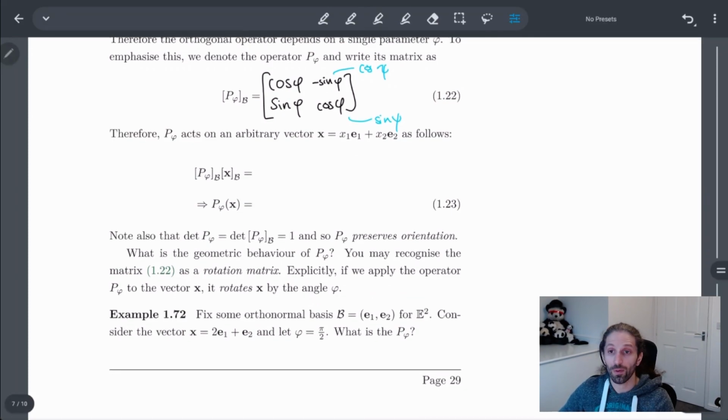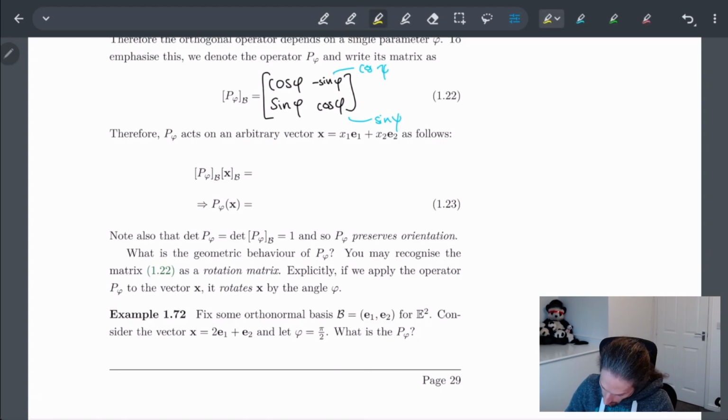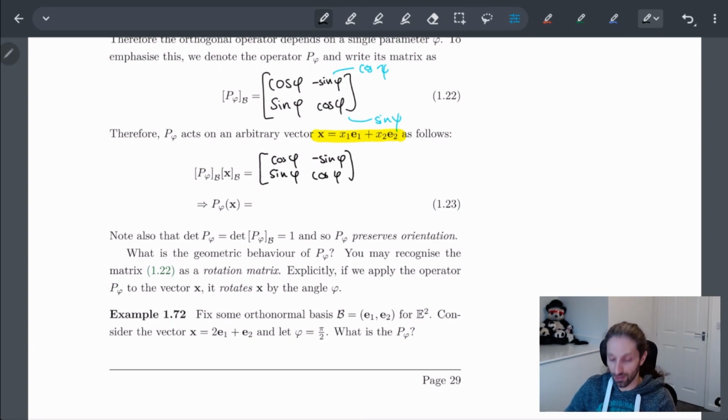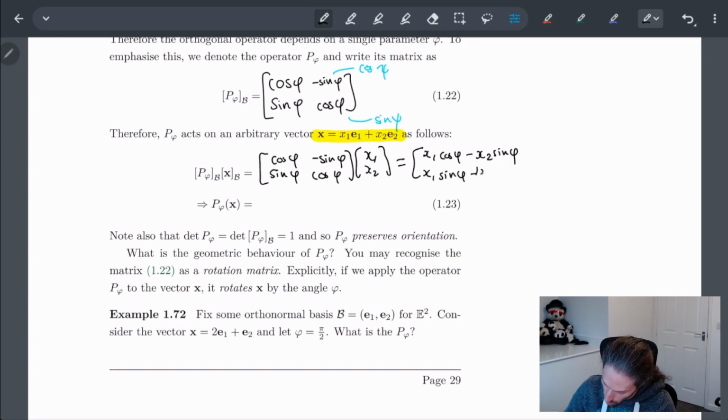In other words, if I take some arbitrary vector x, with components x1, x2, and multiply the matrix cosine of phi, sine of phi, minus sine of phi, cosine of phi by this vector, this gives us precisely the following vector: x1 cosine of phi minus x2 sine of phi, x1 sine of phi plus x2 cosine of phi.